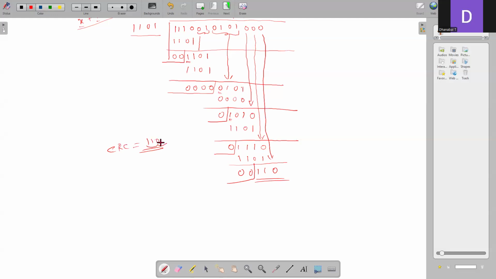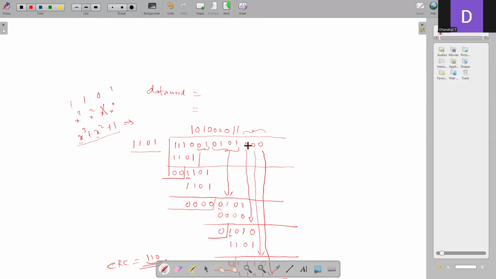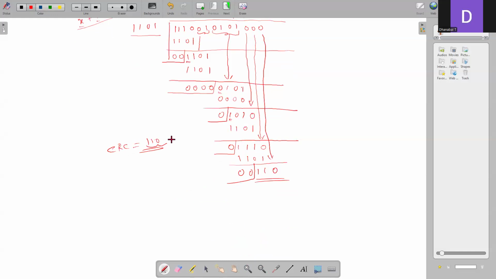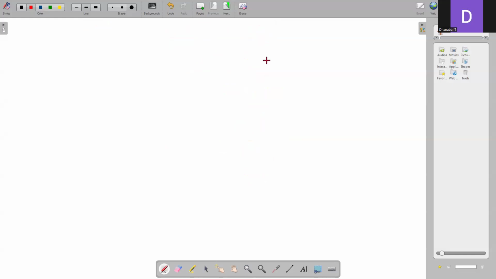And these are the 3 bits you have to replace with those 0s that you added initially. So the parity bits initially were 3 zeros added because of the divisor here, and that 110 will be added here.